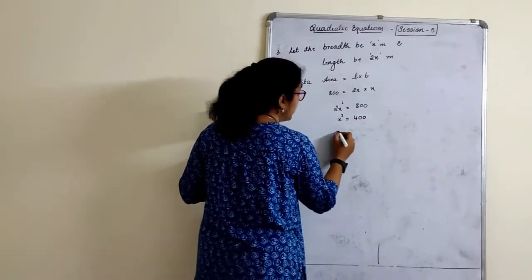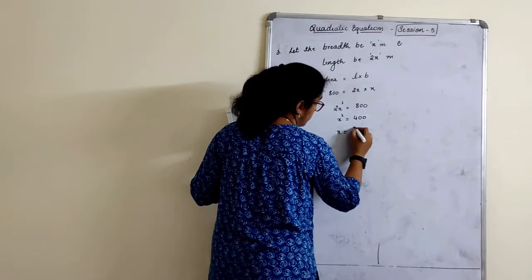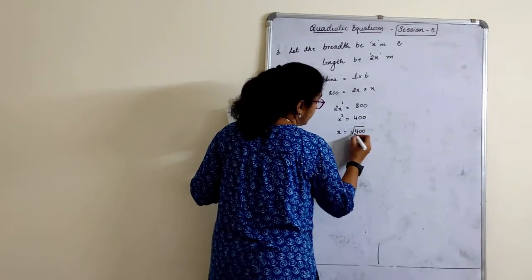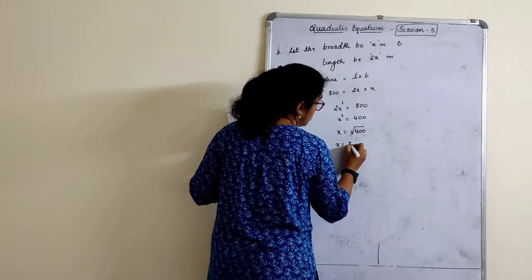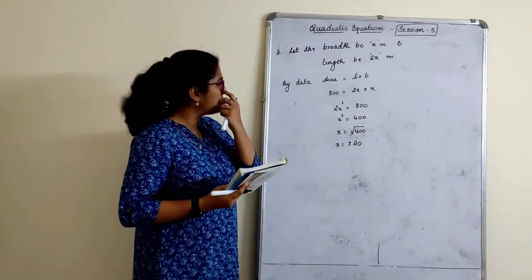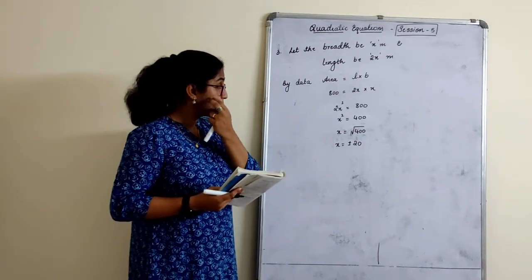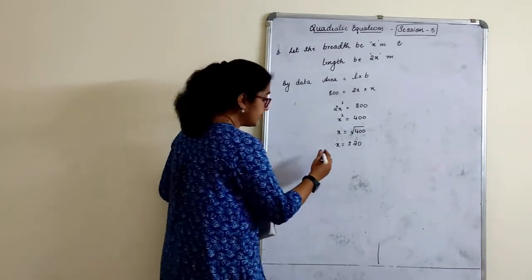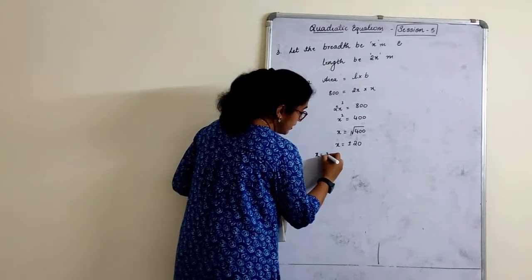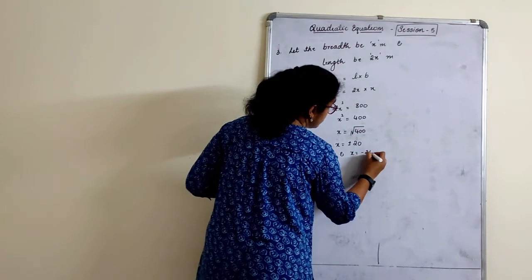X is equal to square root of 400. Therefore, x is equal to plus or minus 20. Here, we did not frame an equation; directly we got the x value. So x is plus or minus 20, that is, x is 20 and x is minus 20.